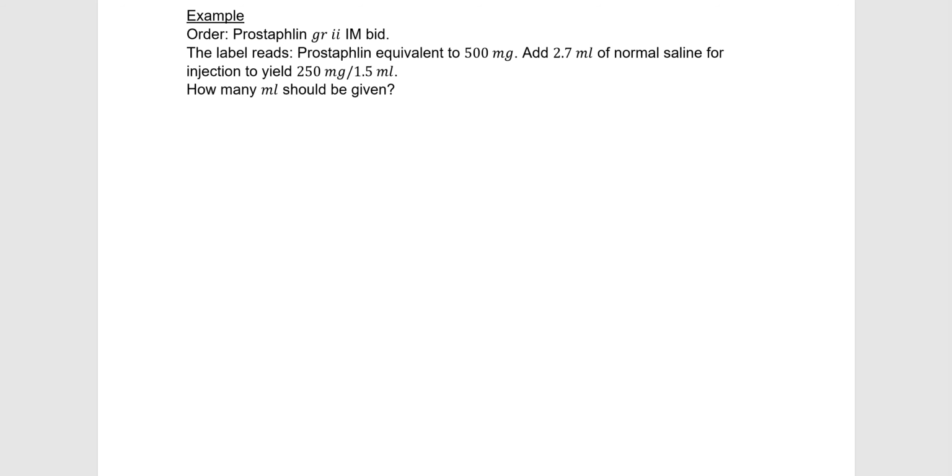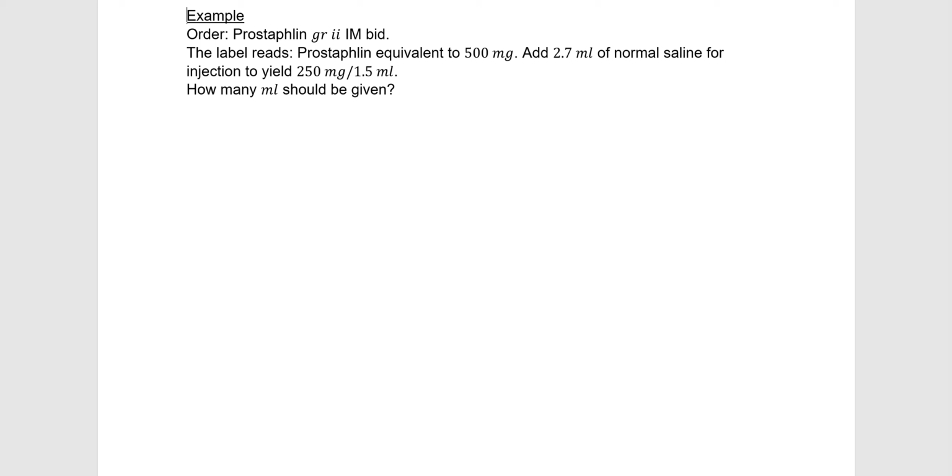So that's the dry weight, and that's the powder weight. And then we need to add 2.7 milliliters of normal saline, and that's going to be reconstituting it. And we add that for the injection to yield 250 milligrams per 1.5 milliliters. And that's the strength per dosage. And we want to know how many milliliters should be given.